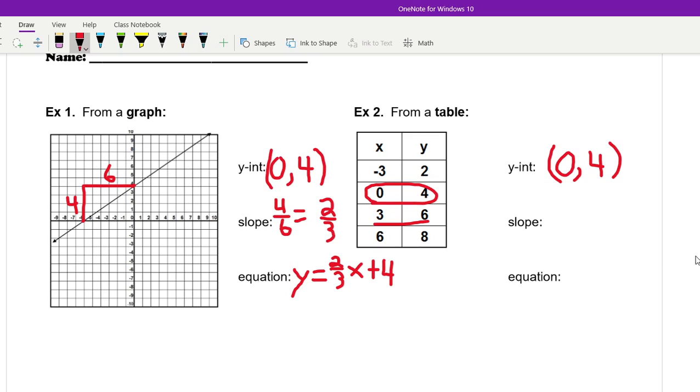The formula we use to find our slope is our difference in y values. Difference means subtracting. Our y values are represented by the subscript 2, subscript 1. Sorry, let me move this over.